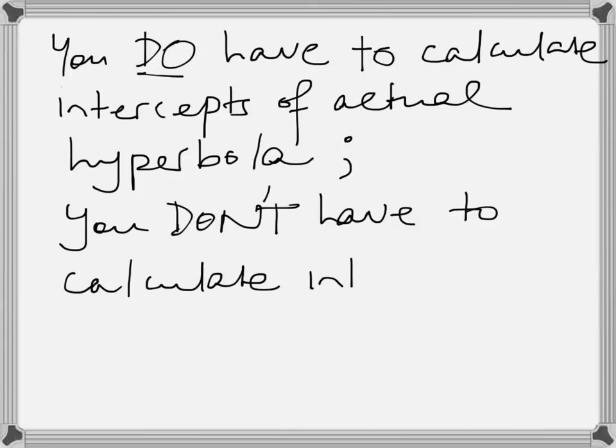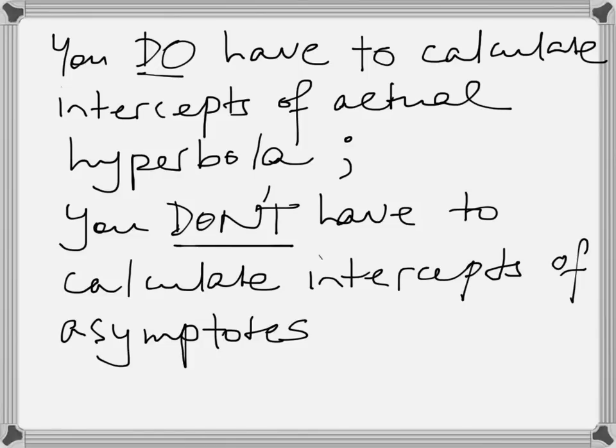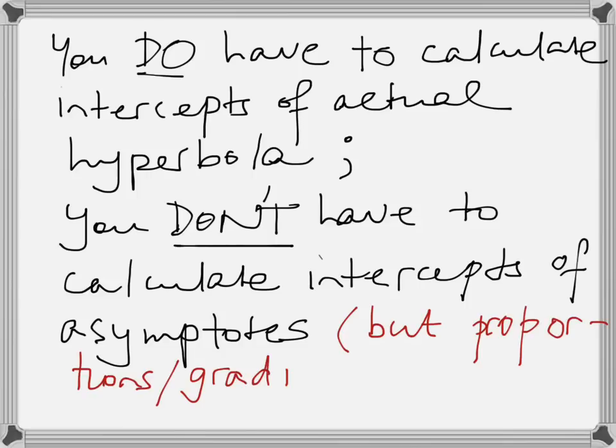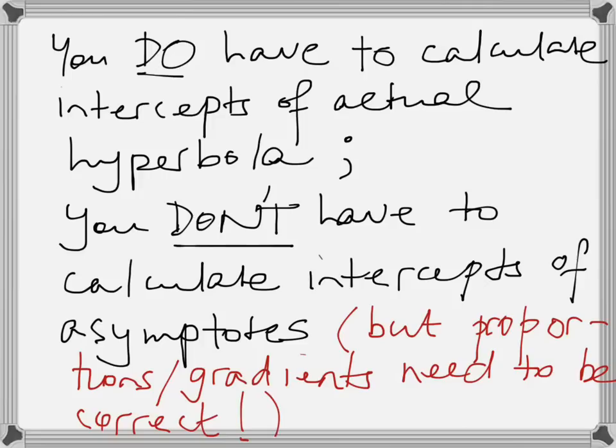And you don't have to calculate the intercepts of the asymptotes, the x and y intercepts. However, the proportion and the gradient of the asymptotes has to be right. You can't just mess it all up. So you might actually have to calculate the intercepts just to get your proportions right, but they don't require you to actually state them.